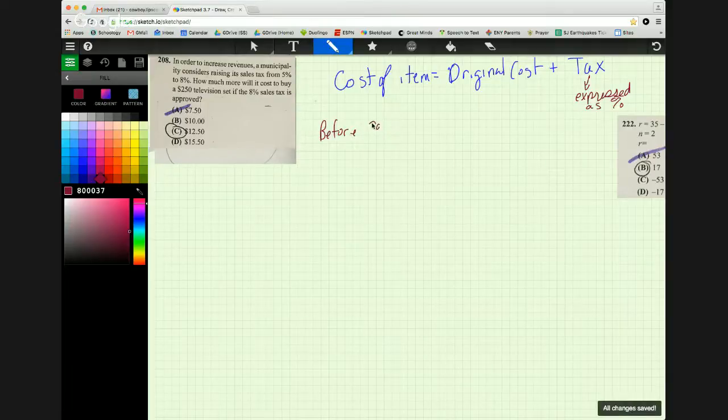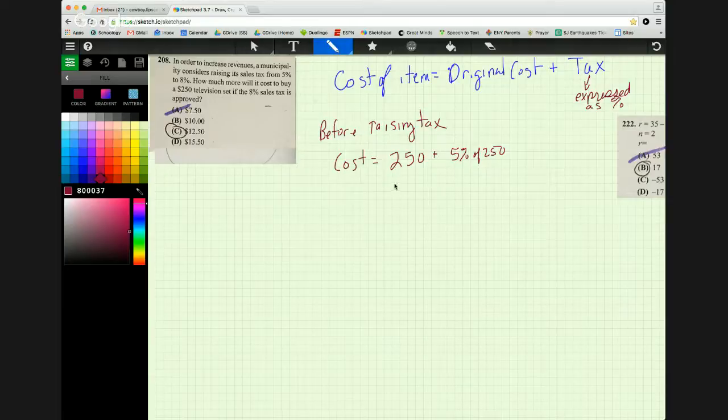So in this case, a television set would cost, let's say before raising tax, the cost is equal to the original cost of $250 plus 5% of $250. Okay, and so let's work on that. Remember how we did percents and "of" and what that meant.